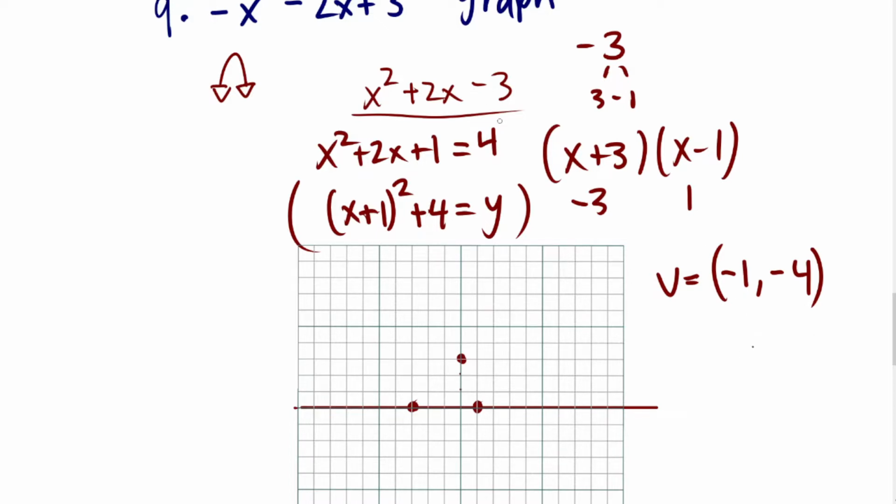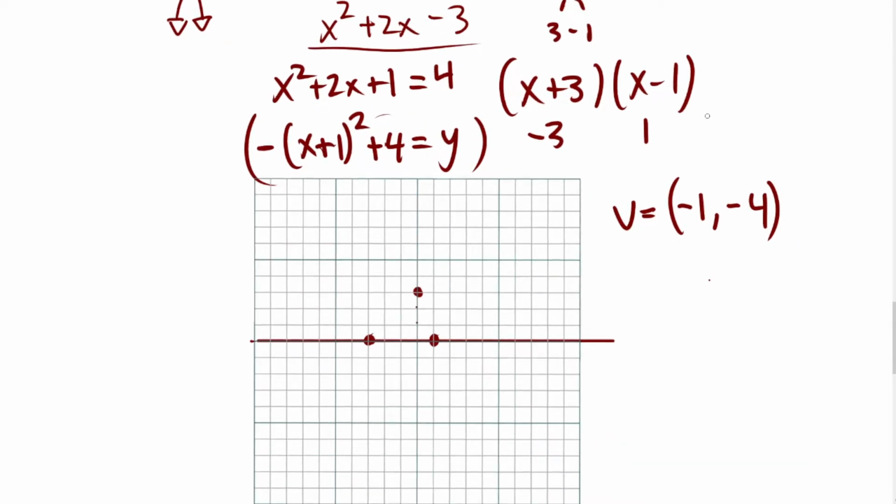Okay, I understand now. So once I factor this out, this whole thing turns negative, except for this stays positive. And so what happens is, we still want the vertex equals sign. I think this will distribute. No, it's just going to stay negative because our graph is upside down. My bad.